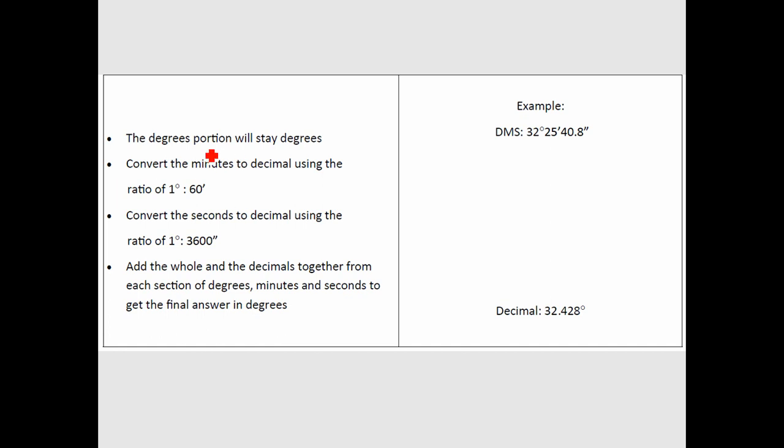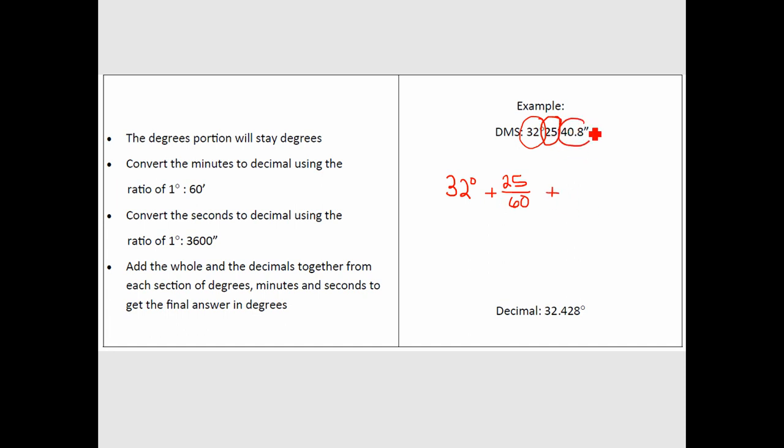So when we have it in degrees, minutes, seconds, how do we convert it back to decimals? Same idea. You know this is 32 whole degrees, so 32 degrees. I have 25 minutes. I have 25 out of how many minutes needed to make a full degree? 60. So I have 25 out of 60 minutes needed to make a full degree.